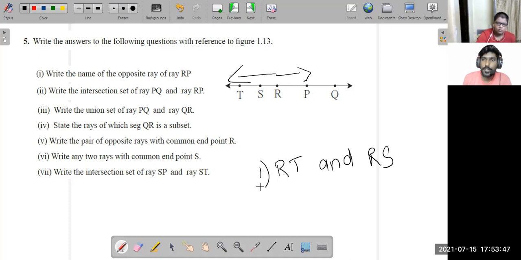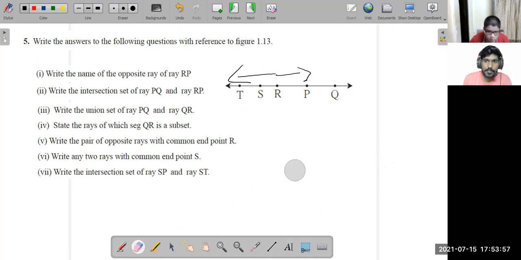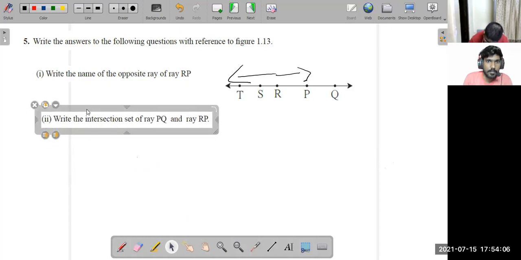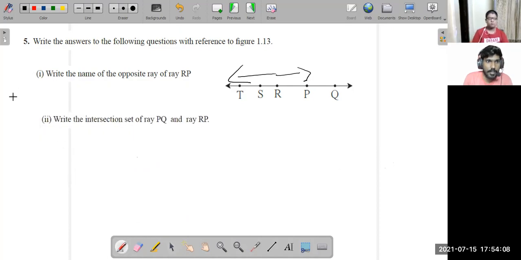So this is the answer for the first one. Make a note of it. So I'll write here RT or RS.